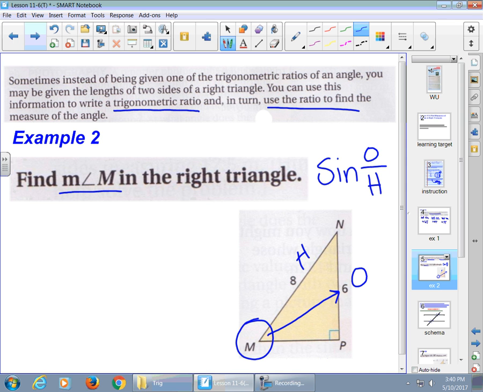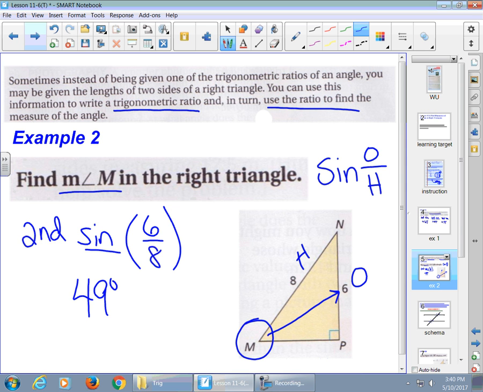So that means that I'm going to do the inverse sine, so second sine, of the fraction 6/8, okay? Now when I do the inverse sine of 6/8, that turns out to be about 48.6 degrees, so we'll say about 49 degrees. So that means that the measure of this angle here, angle M, is 49 degrees.